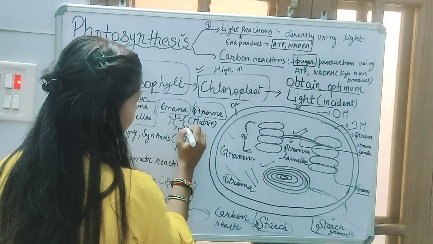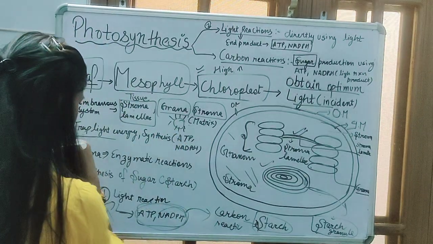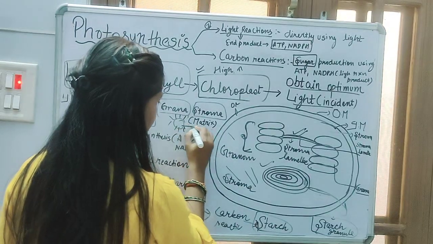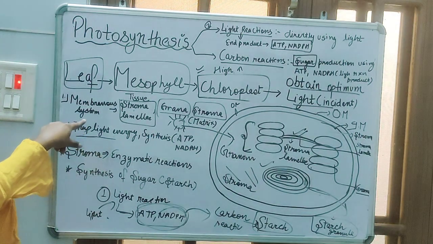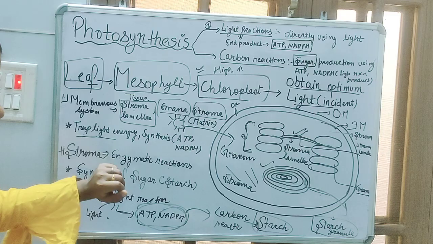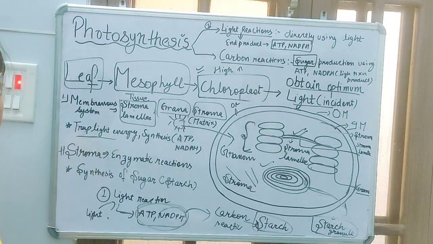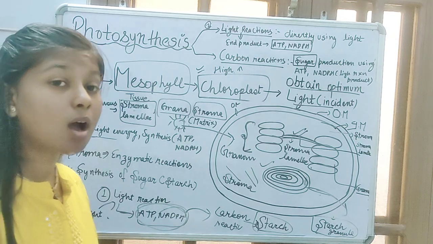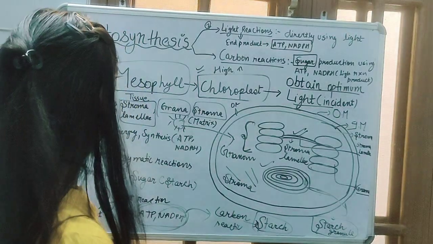This light is trapped inside the chloroplast, right? So this takes place in the membrane system, trapping the light energy. Another part is synthesis of ATP and NADPH, and we also know that ATP is an energy currency, used for the production of energy.